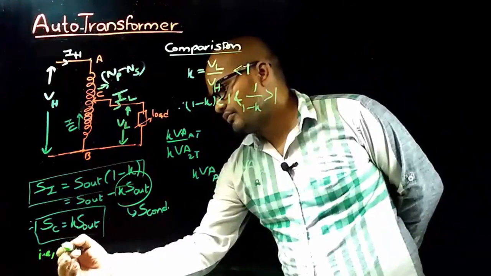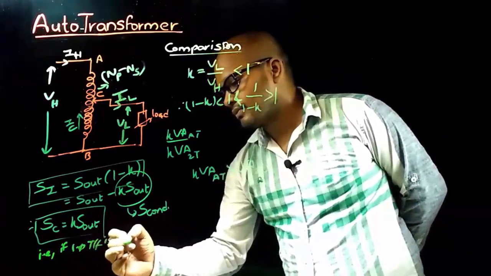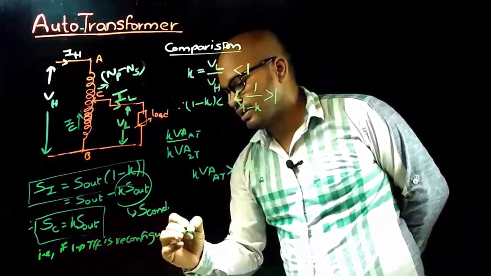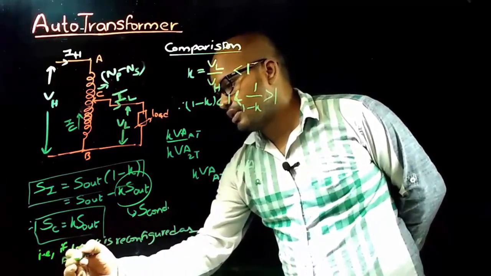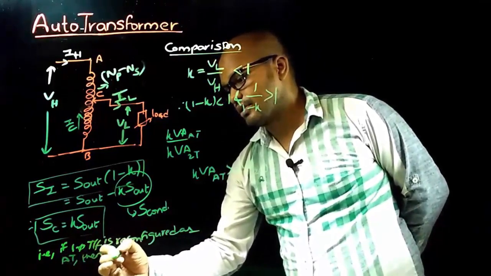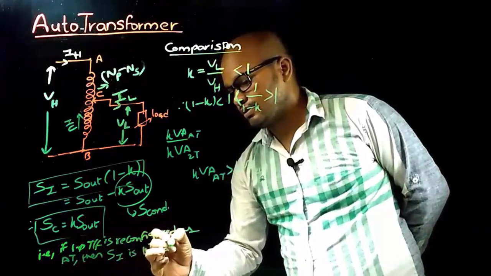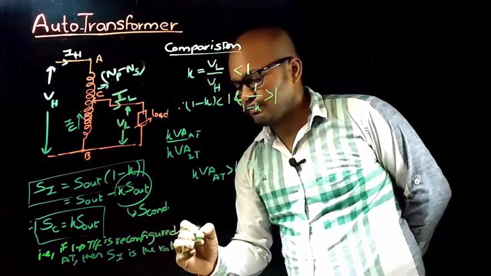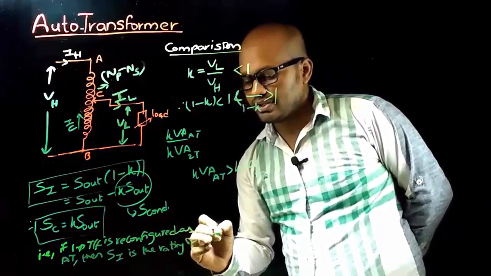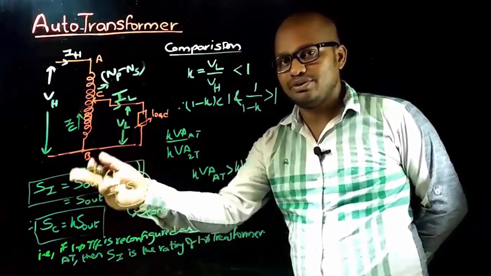That is, if a single phase transformer is reconfigured as autotransformer, then inductive power is the rating of the single phase transformer itself. There is no necessity to calculate inductive power by using this relation.